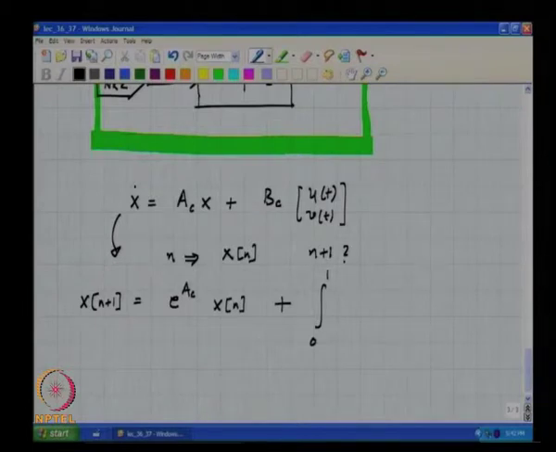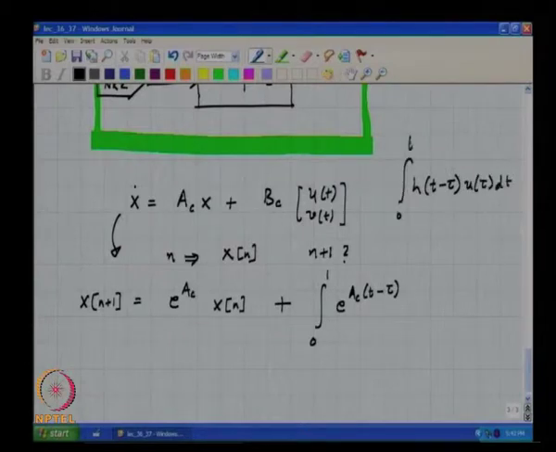So, this is a convolution which is integral 0 to tau, the impulse response e to the A_C t minus tau. Please recall that y of t is nothing but h of t minus tau u of tau d tau, integral 0 to t. This is the standard convolution integral, correct.